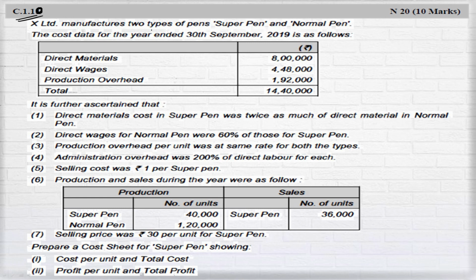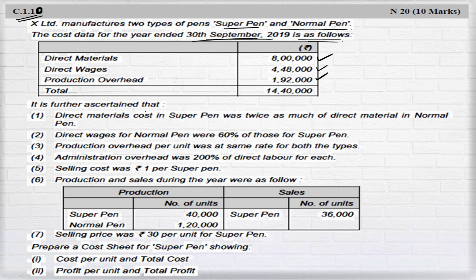X Limited manufactures two types of pens, super pen and normal pen. The cost data for the year ended 30th September 2019 is as follows. So it is 1 month data, but it is of both the pens. Direct material of super pen, normal pen, direct wages of super pen, normal pen, and production overhead of super pen and normal pen.